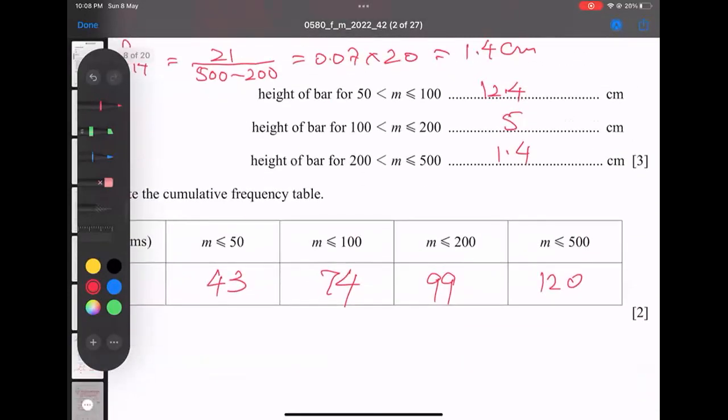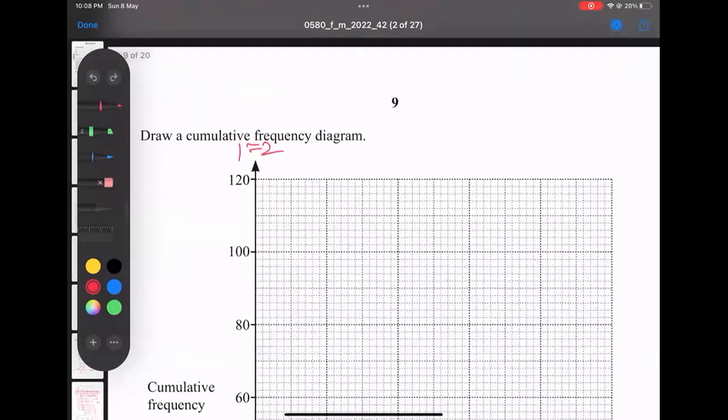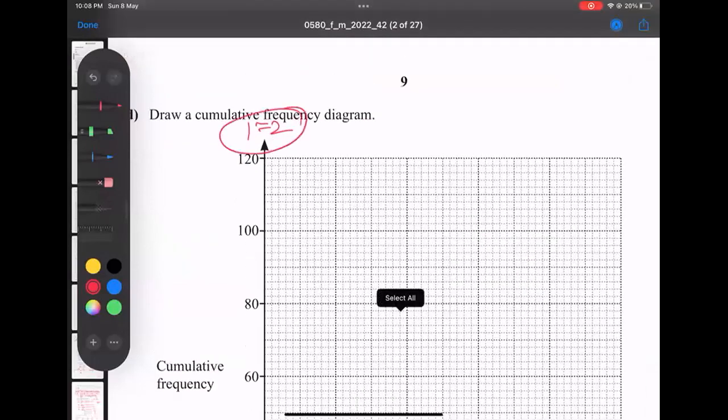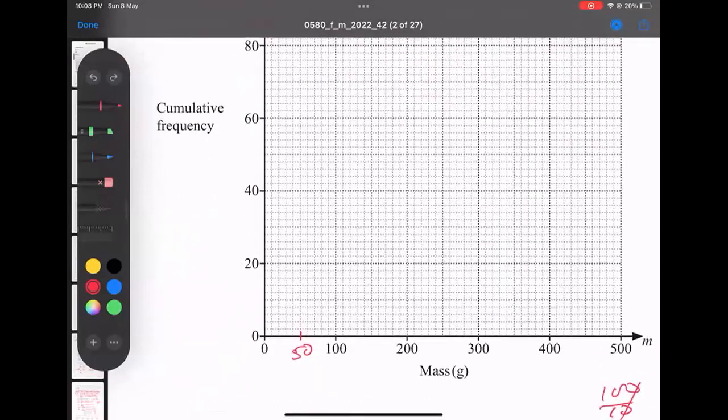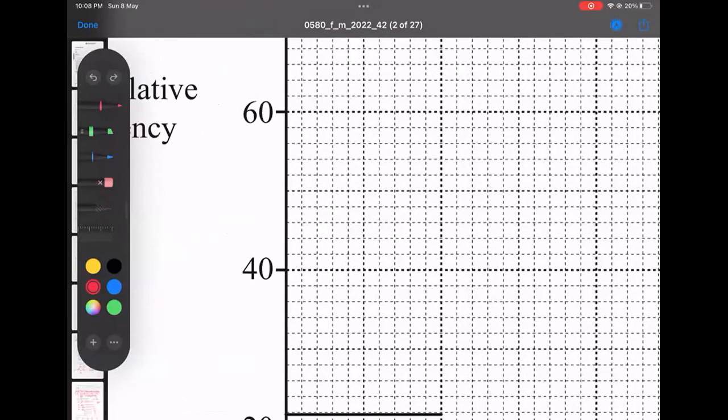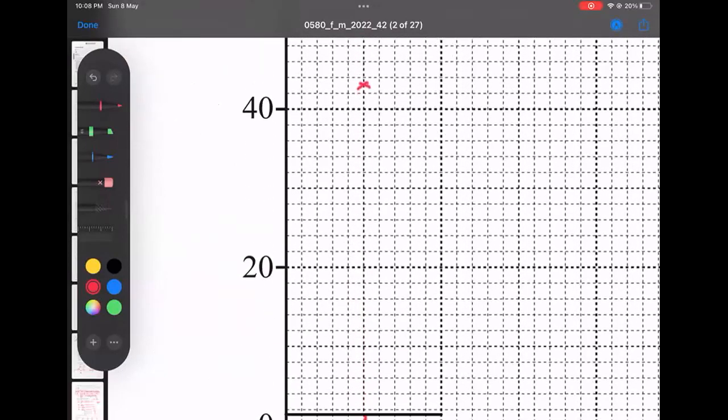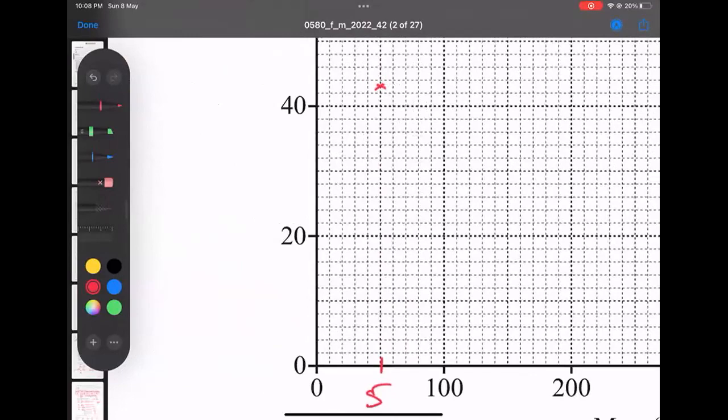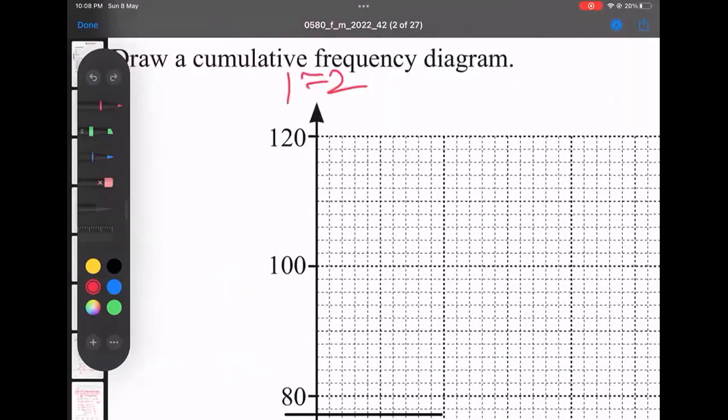I'm looking for 50 and 43. Where's the 43? As I know, one gray box is 2. 40 is here, 42, 44. But I'm looking for 43, so 43 is in the middle. You see, 50 from here and 43 from here. Done. So this point is over.